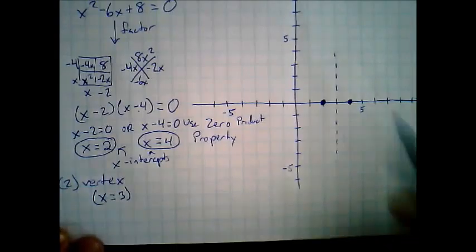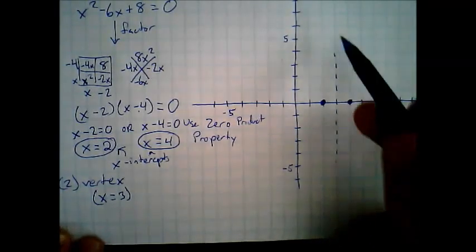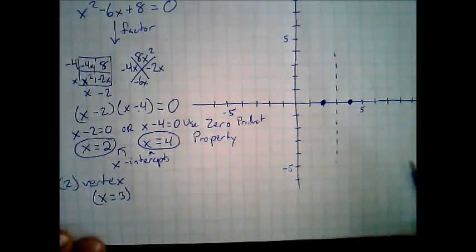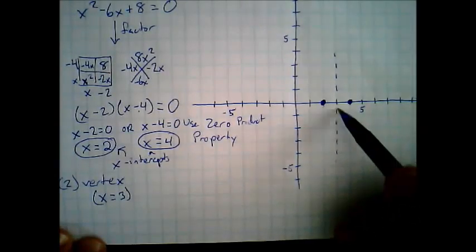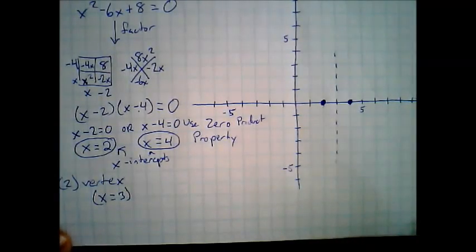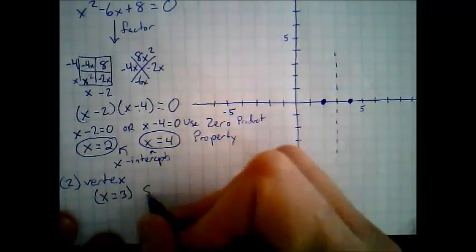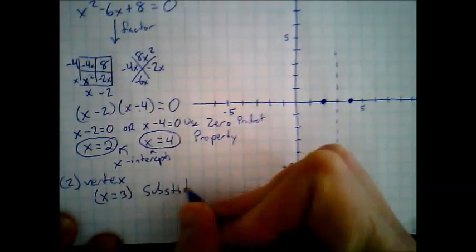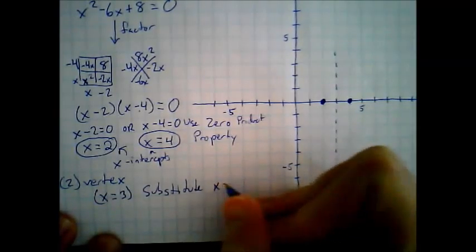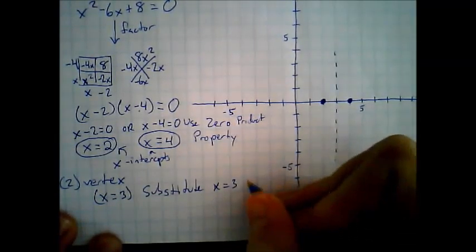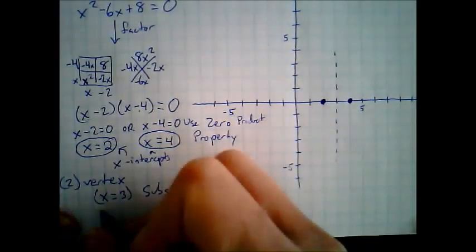Okay, so now we want to know when x equals 3, where is this bungee jumper turning around? How far down does this bungee jumper go? Now, in order to figure this out, we have to substitute x equals 3 into the rule, into the equation.